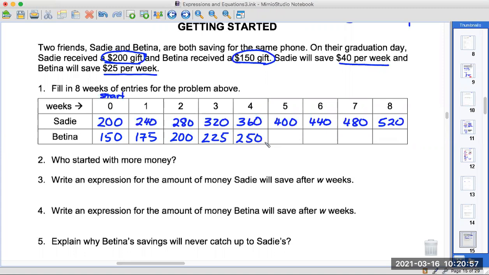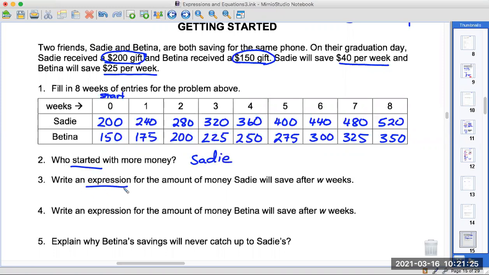You can use a calculator if you like, or you can do it in your head. Looks like Bettina is not going to have as much money as Sadie, right? $350 after 8 weeks of saving. Who started with more money? It was Sadie, correct?